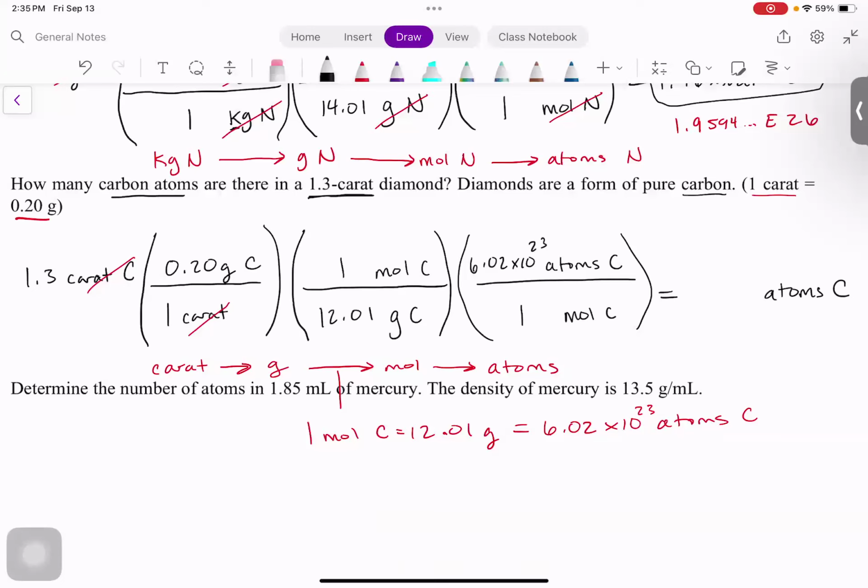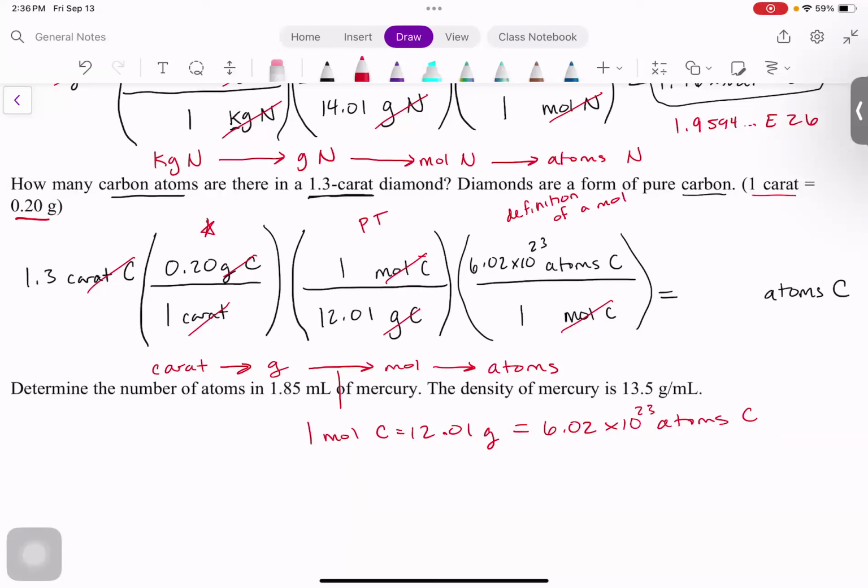All of my conversions are based in equivalent relationships. 1 carat is equal to 0.20 grams. 12.01 grams is equal to 1 mole. And then my units of mole cancel because 1 mole is equal to 6.02 times 10 to the 23rd atoms. Each of your conversions is based in an equivalent relationship. The first one was given, this one was from the periodic table, and this one is the definition of a mole.